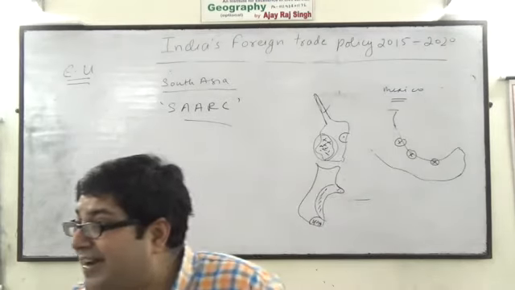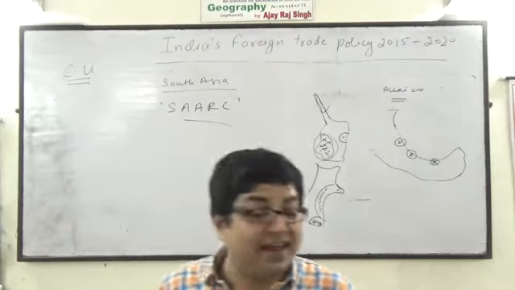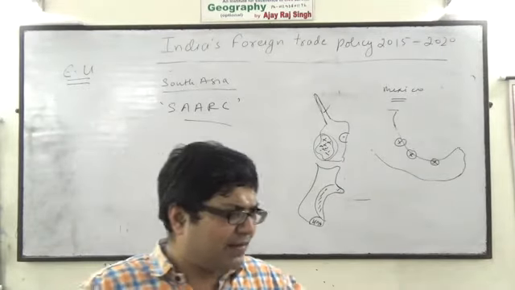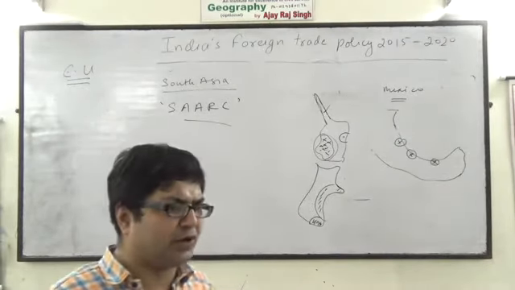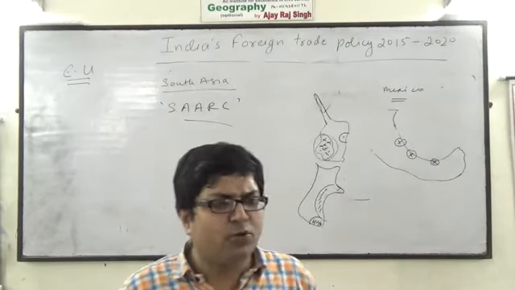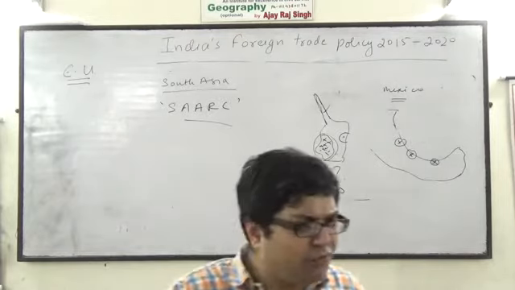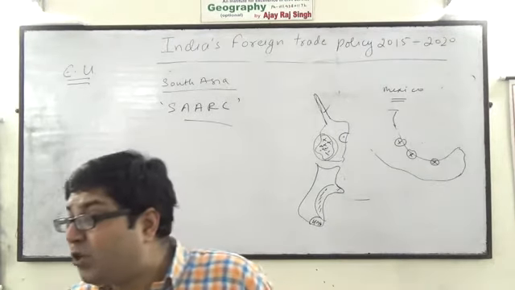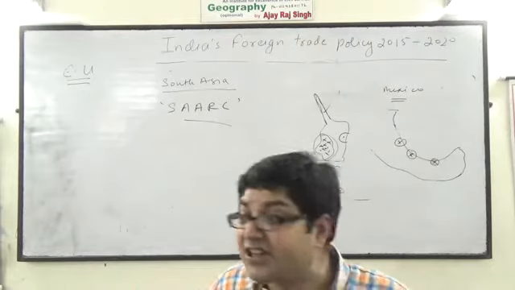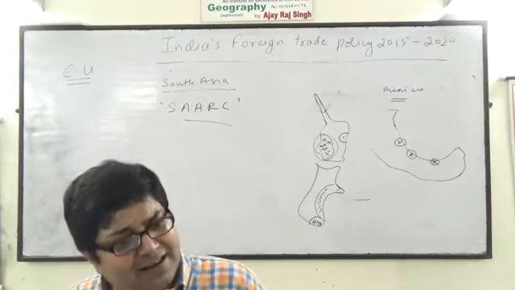Although the two countries had agreed to a roadmap for the normalization of relationship in 2012, this roadmap has not been acted upon due to continued reservations expressed by Pakistan.